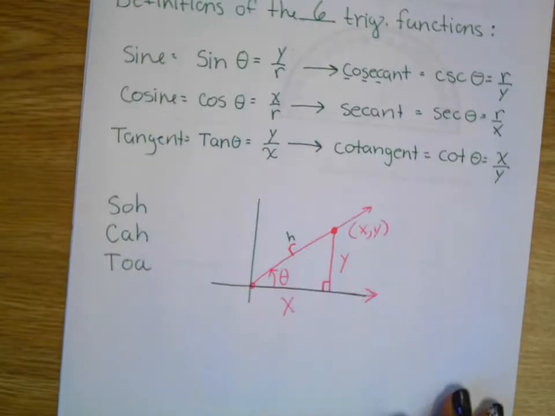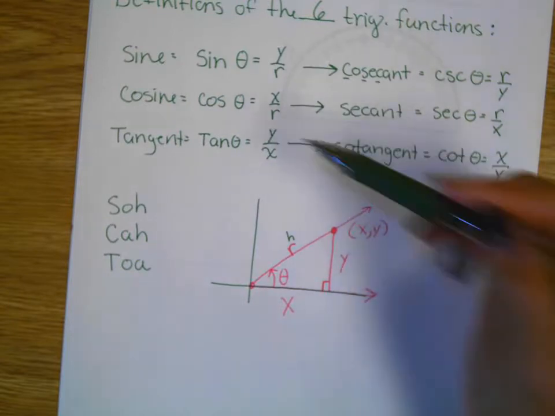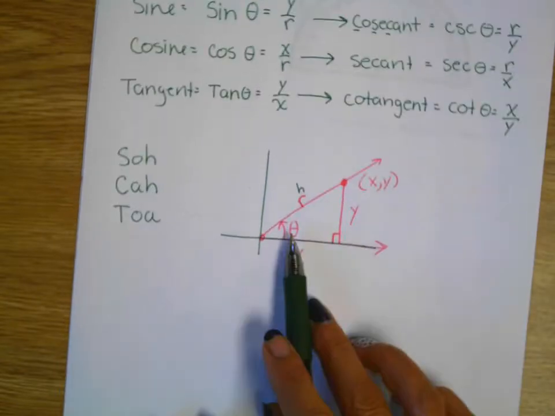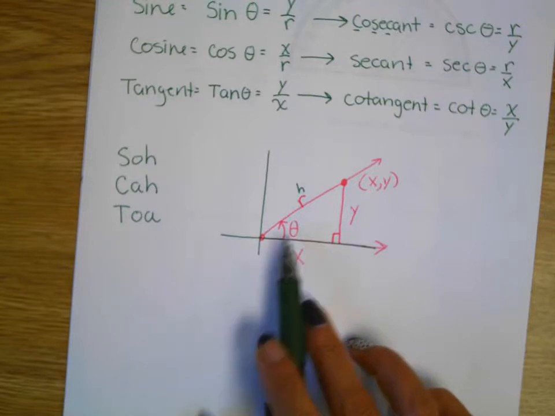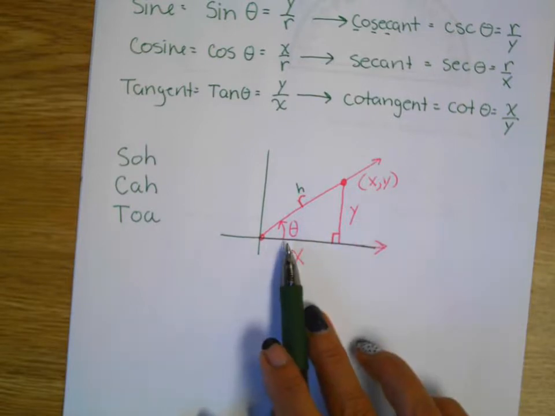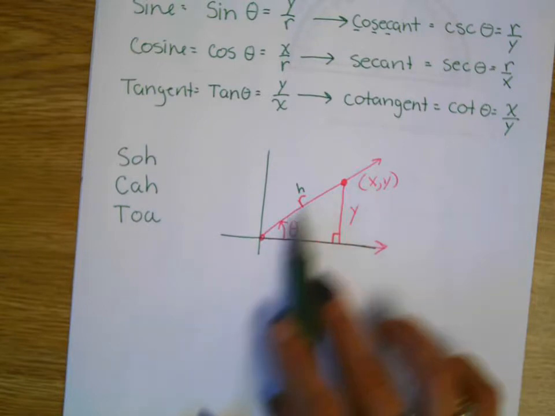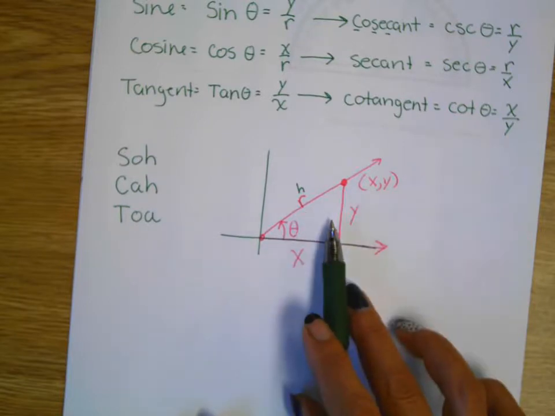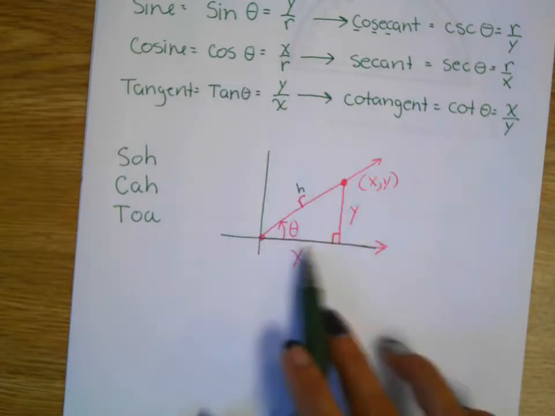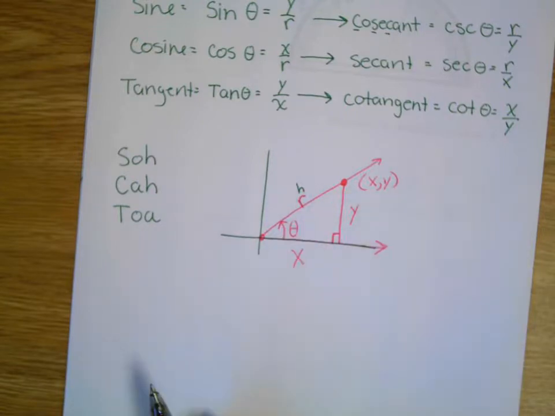One goal today is to remember these ratios in terms of x, y, and r, but then to be given an angle measure like 40 degrees, use a little ruler, measure your triangle, and tell me the sine of 40 degrees. You would need the y distance and the r distance, and divide them. For cosine of 40 degrees, divide your x distance by your r distance.